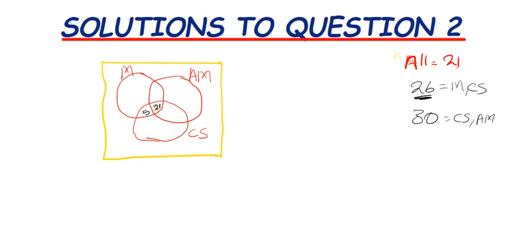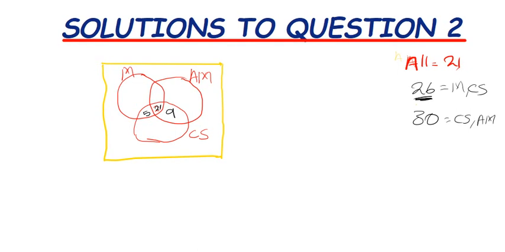Which will be what? A 9. So you write your 9 there, because additional mathematics and computer studies is 21 plus 9, which gives us 30 there.